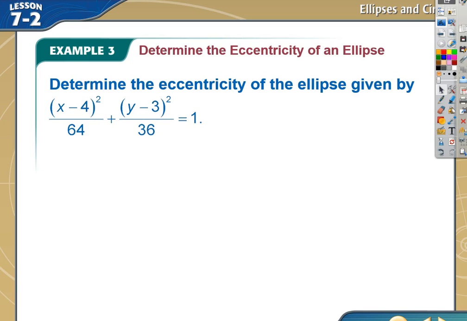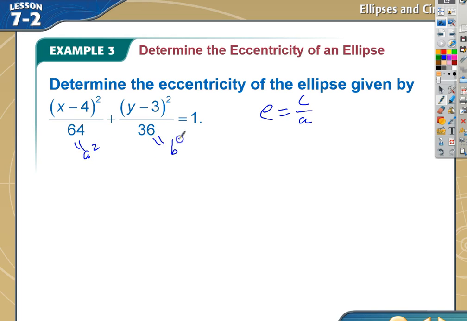It says determine the eccentricity of this ellipse. There's that ellipse. Okay. Again, I need an eccentricity. Well, fine. That's going to be C over A. Well, what is A? Which one's A? A is the big one. So this here is equal to A squared.